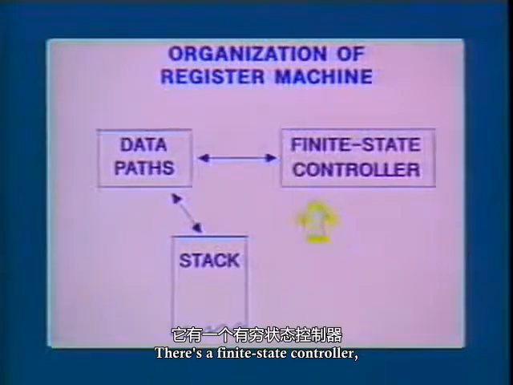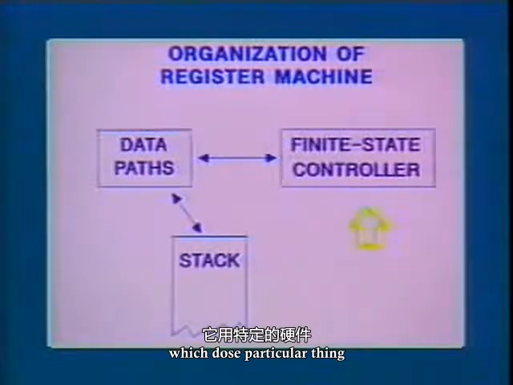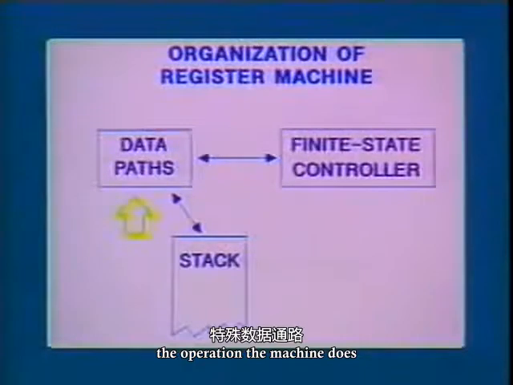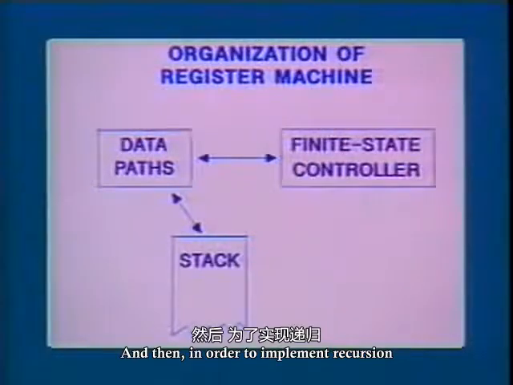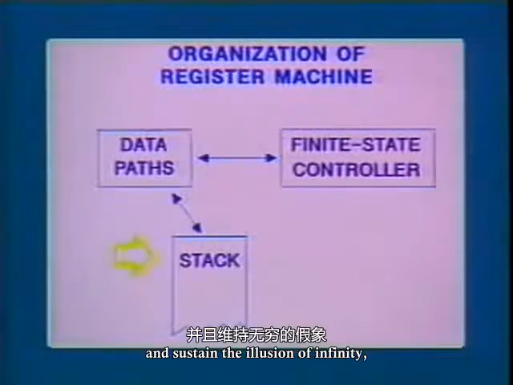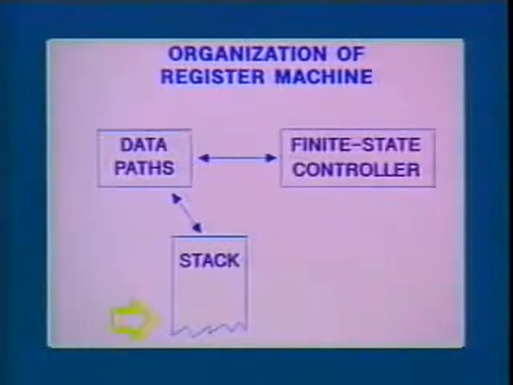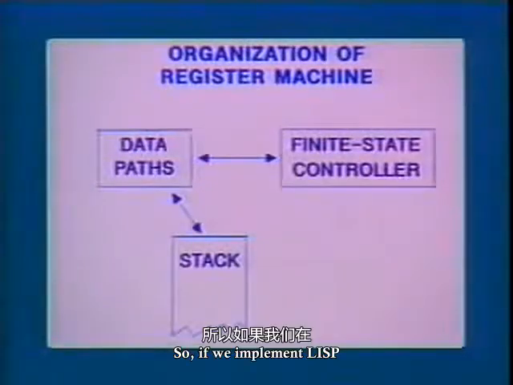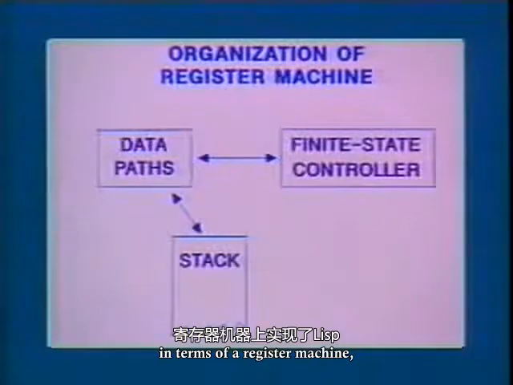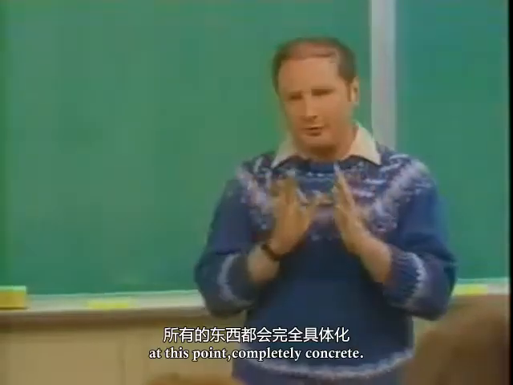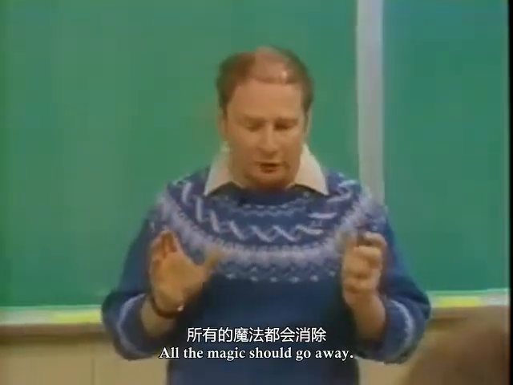There's a finite state controller which does some particular thing with a particular amount of hardware. There are particular data paths, the operations the machine does, and then in order to implement recursion and sustain the illusion of infinity, there's some large amount of memory, which is the stack. So if we implement Lisp in terms of a register machine, then everything ought to become, at this point, completely concrete. All the magic should go away.